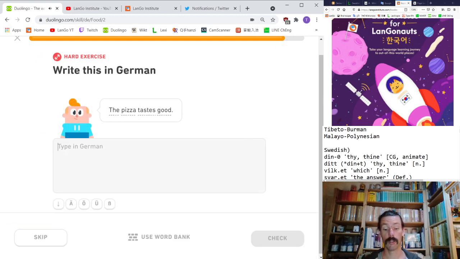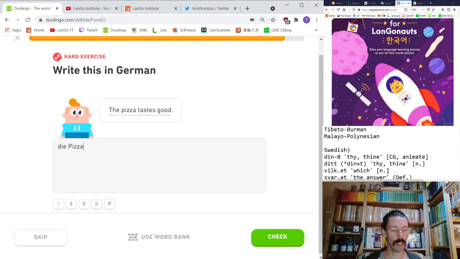Pizza. Die Pizza. So this English word pizza is a special case for the value of the Z letter. It's a TS cluster, but that's really the only value that it has in German. Maybe in a French or English loan word it'd be Z, but in German words and in borrowings like this, Z, pizza.